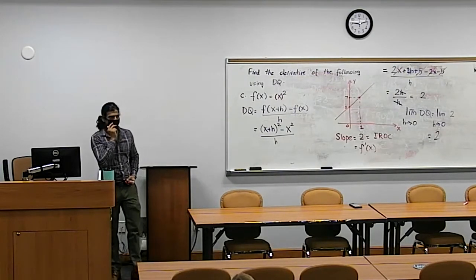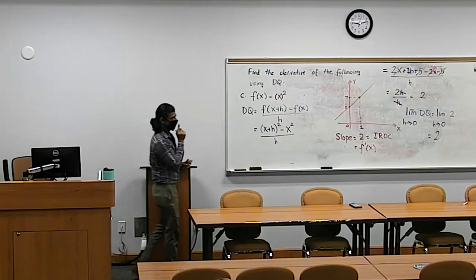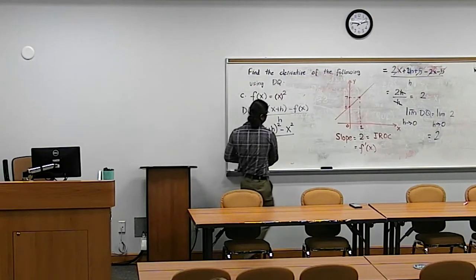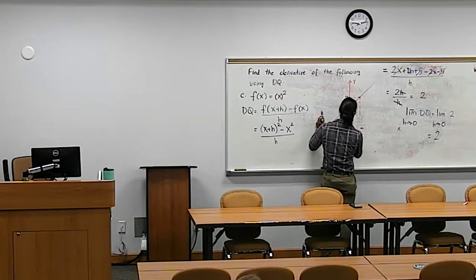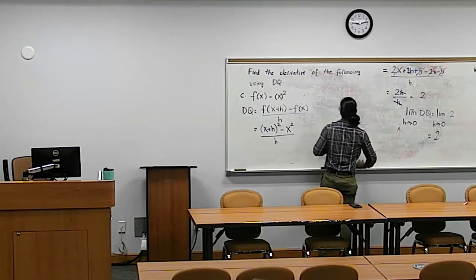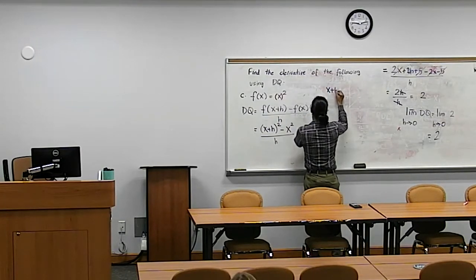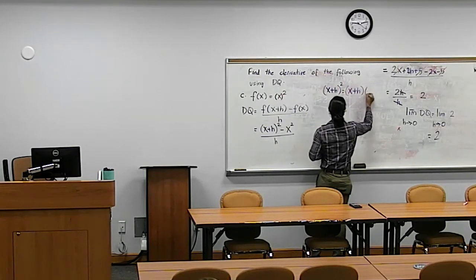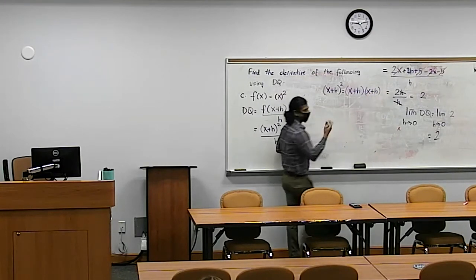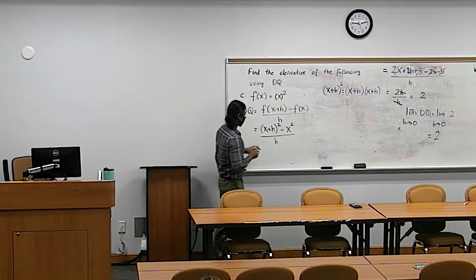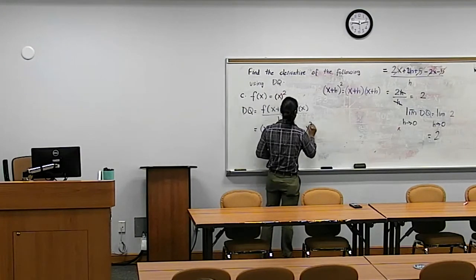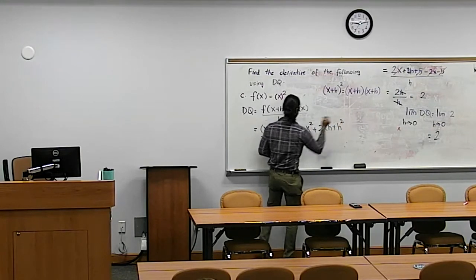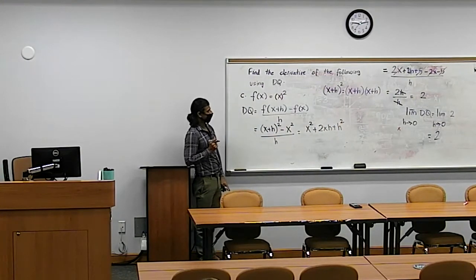So what should I do? x plus h times x plus h. x plus h squared is simply, we just have to FOIL, right? If we FOIL, we have that. Agreed?